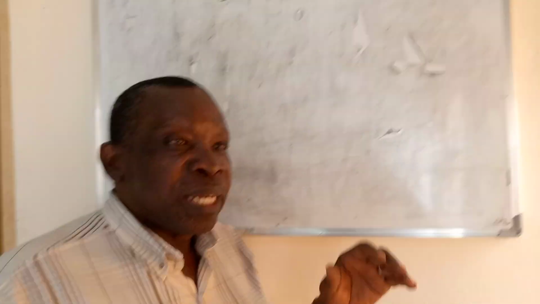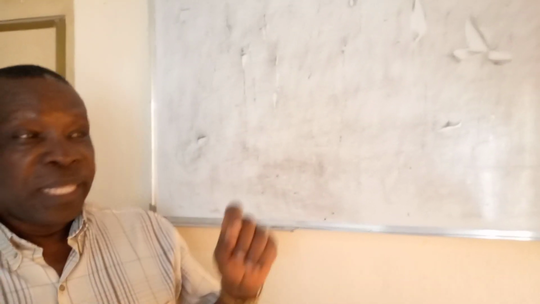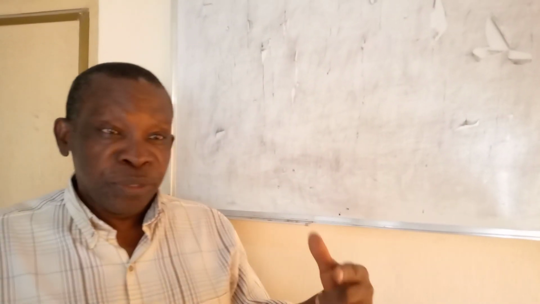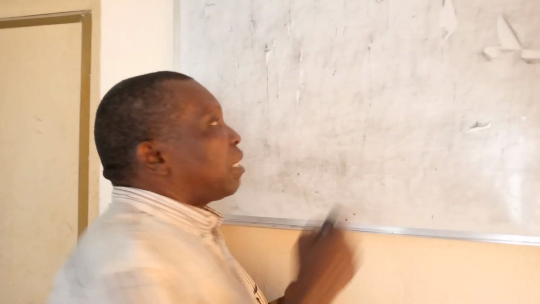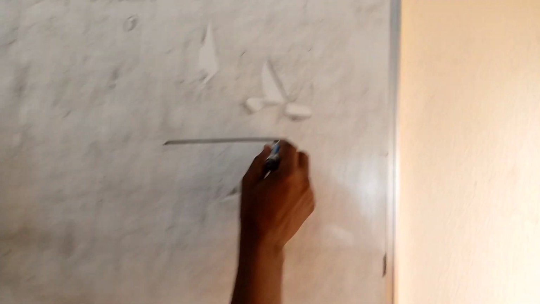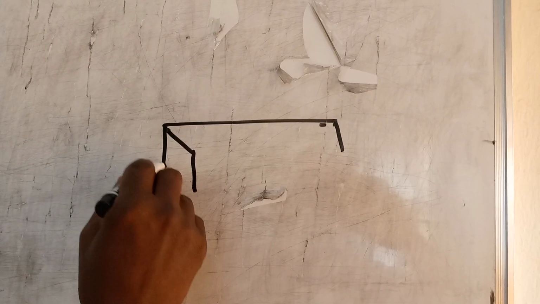A beam is a kind of rod. Such a member has one of its dimensions far bigger than the other two dimensions.